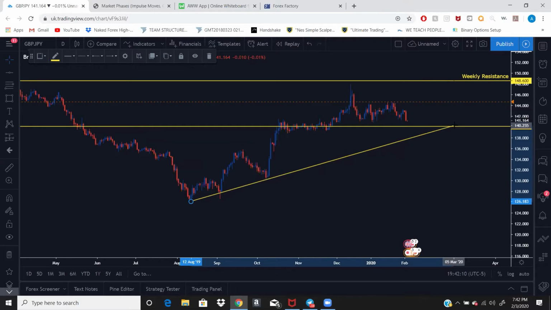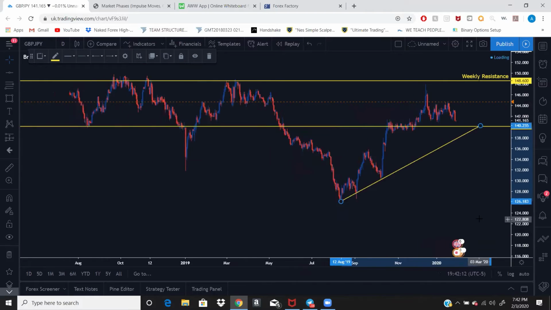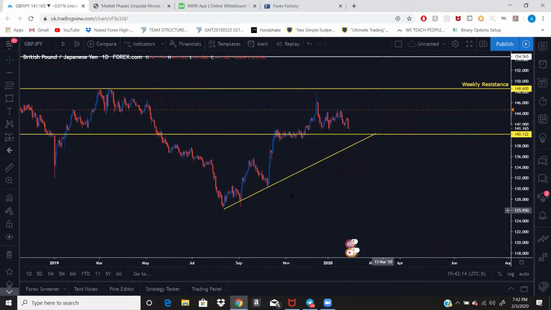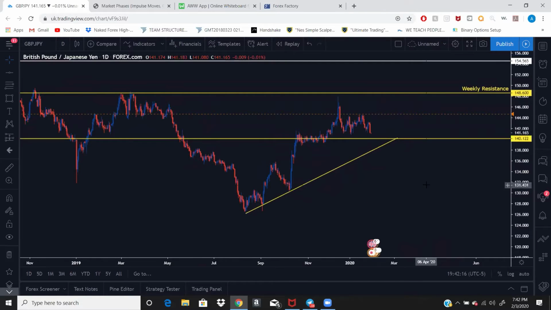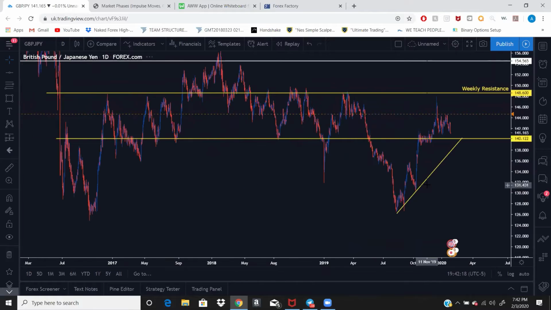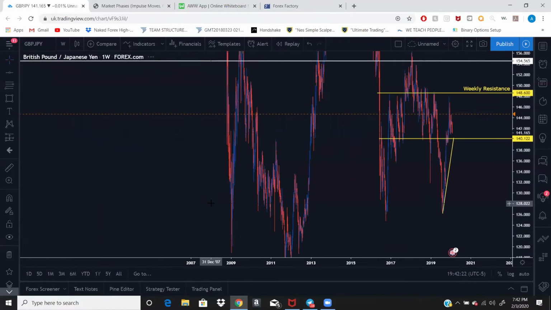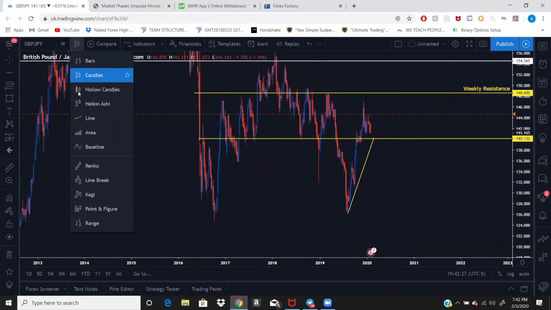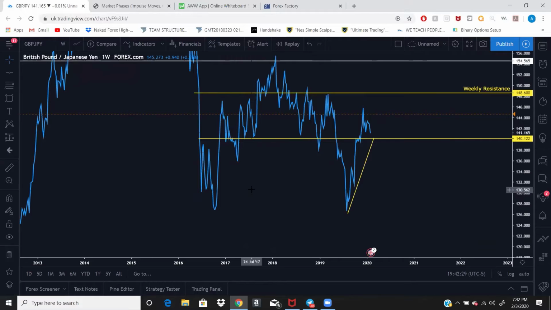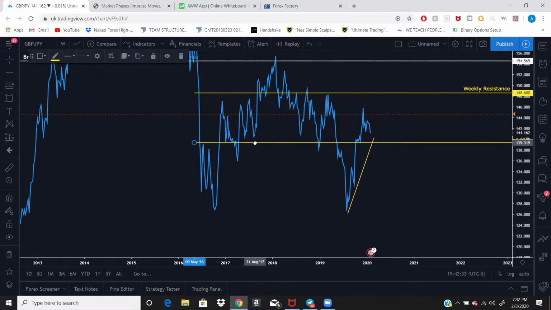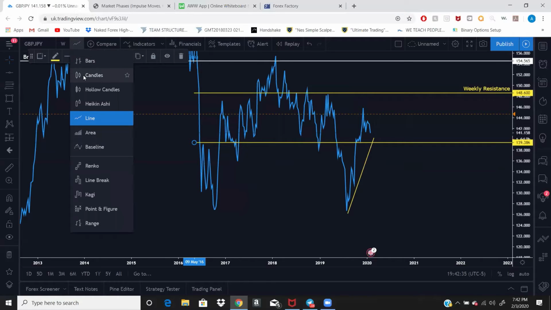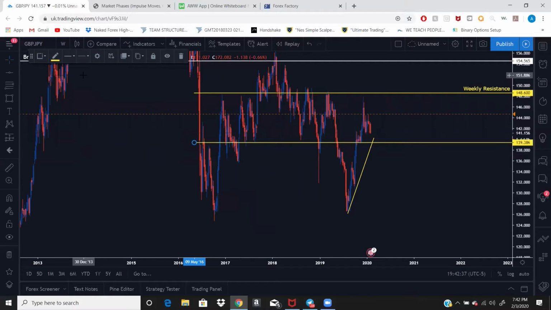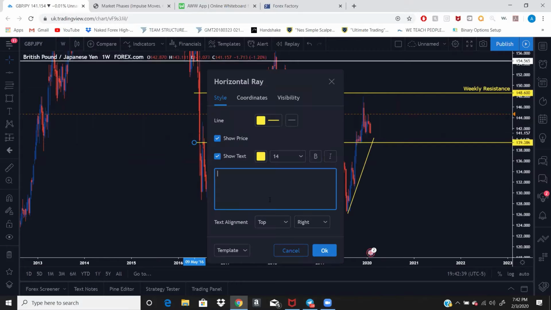No, because well, this is on a daily, just to correct it. But on the weekly, it's closer. So let me just see one more time on the weekly. Yeah, that is weekly support. Yep, that is weekly support right there.